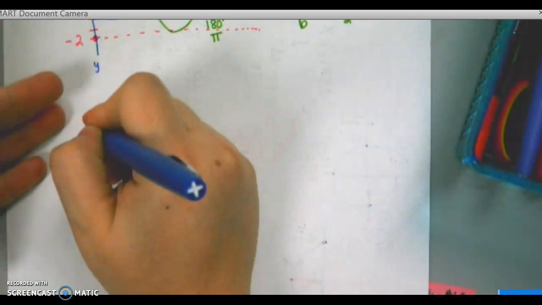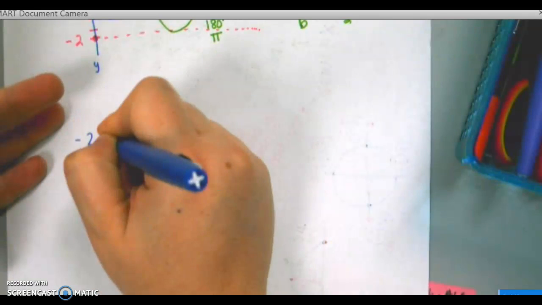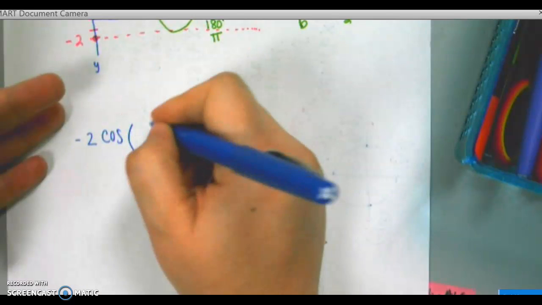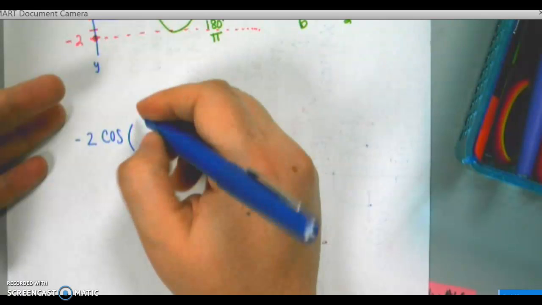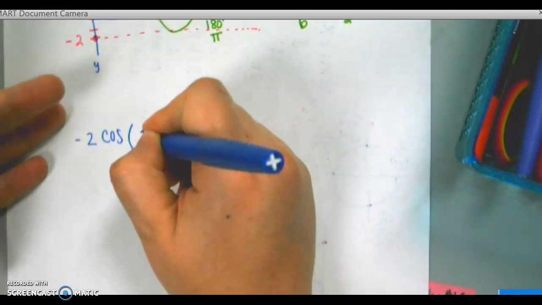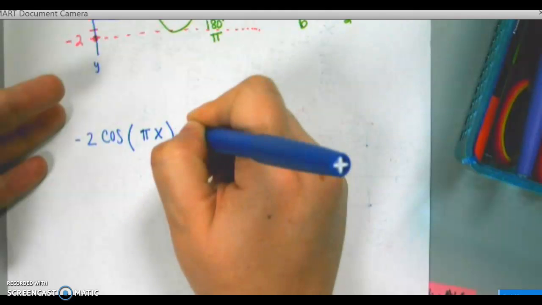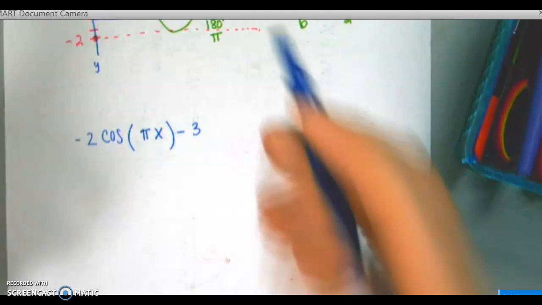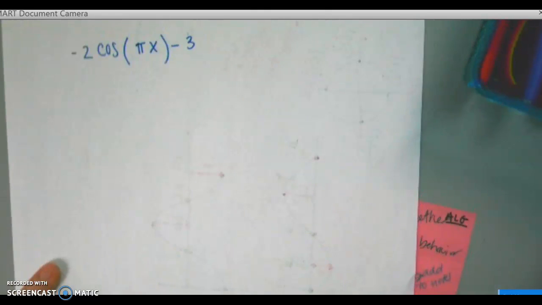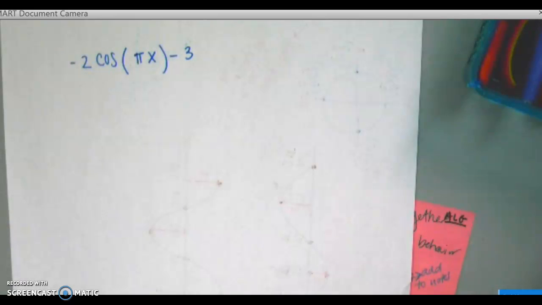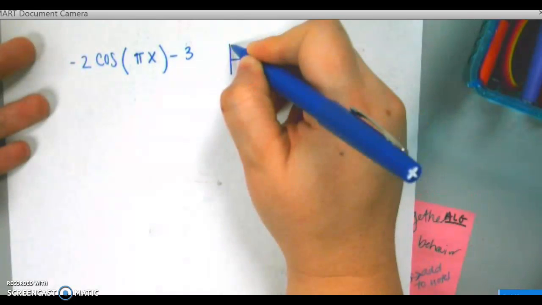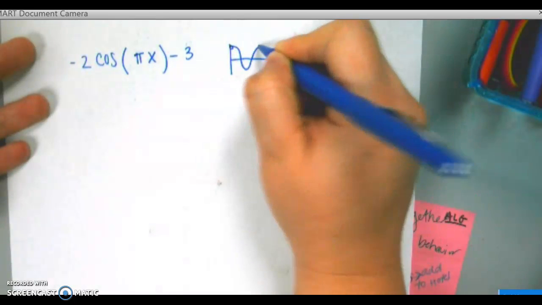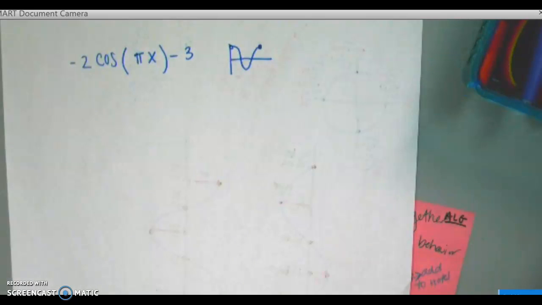All right, let's do one with cosine. Oh, and I only have a few minutes left. All right, so -2 cosine pi x minus 3. So again, I like to start with what the cosine wave looks like, so I know what my graph is supposed to be.